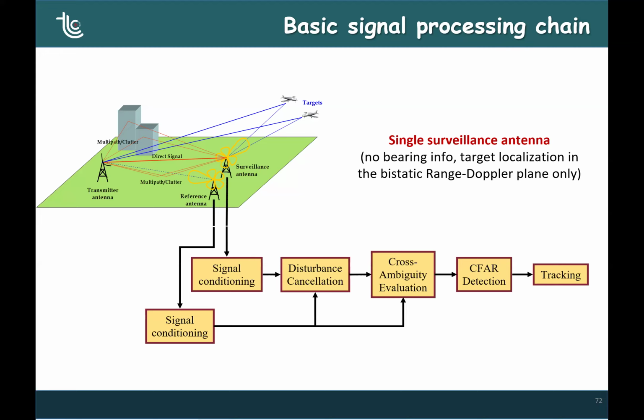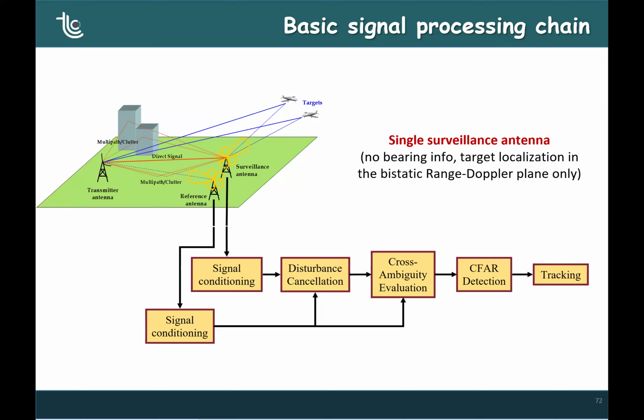We have seen that when the target is crossing the baseline between a transmitter and a receiver, the radar loses the resolution and the capability of detecting the target in a specific range position. So these kinds of geometries must be avoided in order to detect and then also track the targets correctly.